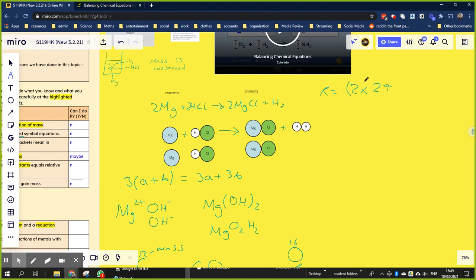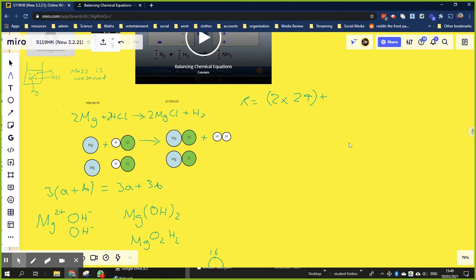So 2 times 24 plus 2 times, and it's going to be hydrogen plus chlorine. Now hydrogen is 1, and chlorine I believe is 35.5. Can you check that for me? So chlorine is in group 7, halogen.